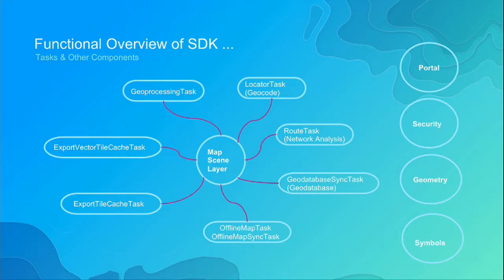And we obviously have symbols and geometry, which we definitely need for any application. That gives an overview of how we think through our SDK when we build new functionality for it.